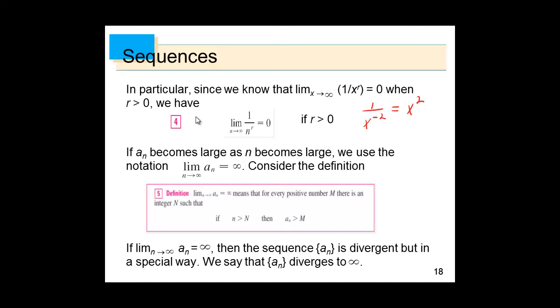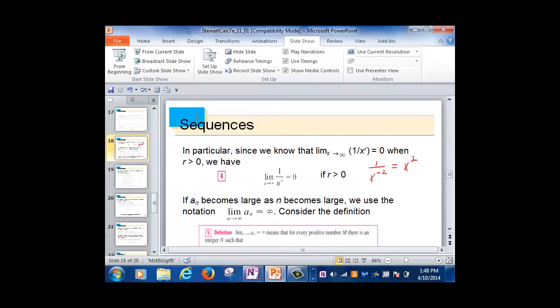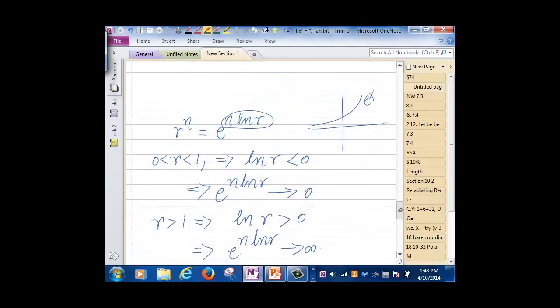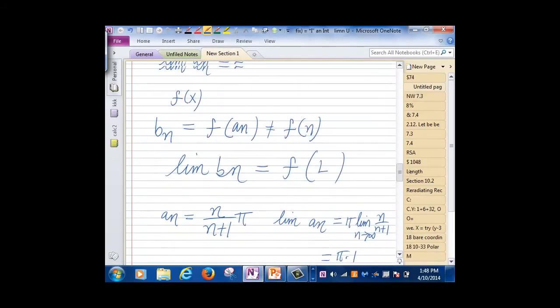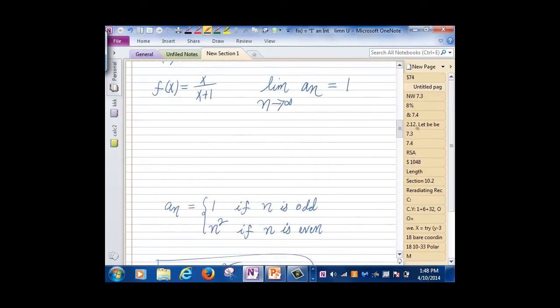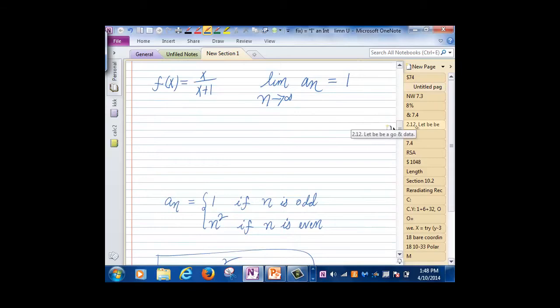So I think I gave you that example. Now suppose I have this sequence a_n. a_n is 1 if n is odd, and a_n is n squared if n is even, right?